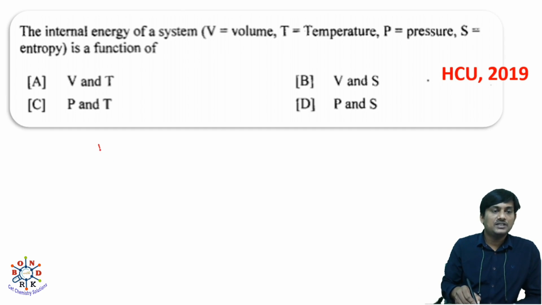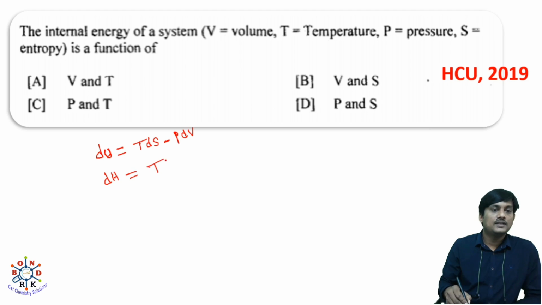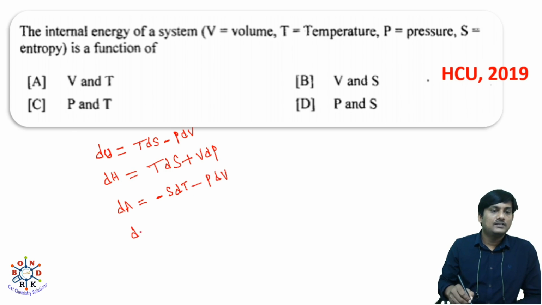Here internal energy dU is equal to TdS minus PdV, and dH is equal to TdS plus VdP, and dA is equal to minus SdT minus PdV, and dG is equal to minus SdT plus VdP.